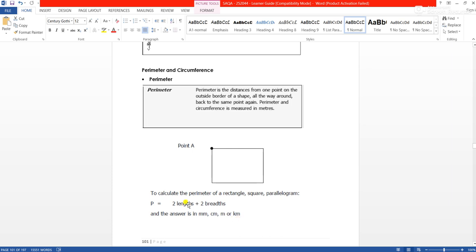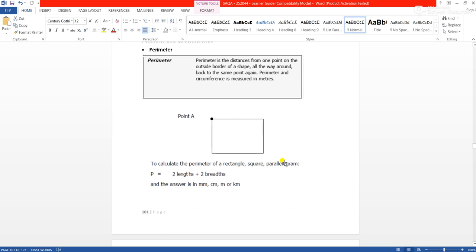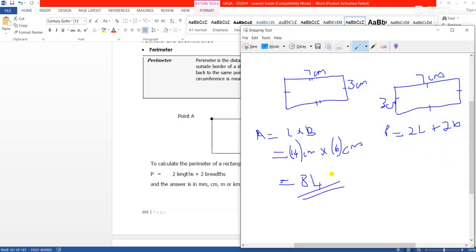For the perimeter formula, you calculate the perimeter of a triangle, a square, or a parallelogram using the two lengths and the two breadths, and the answer is in millimeter, centimeter, meters, or kilometer based on what you were given in the statement. So let's say for argument's sake we were given kilometers, so our answer will be in kilometers.